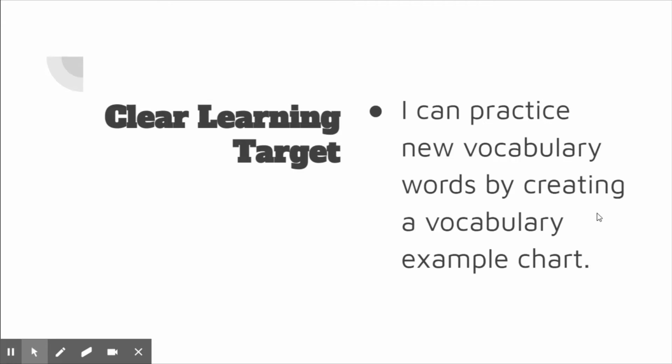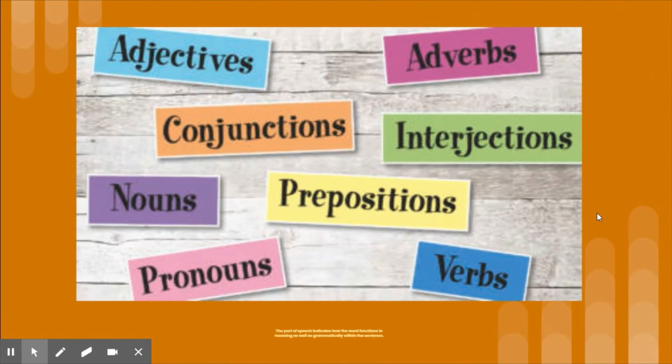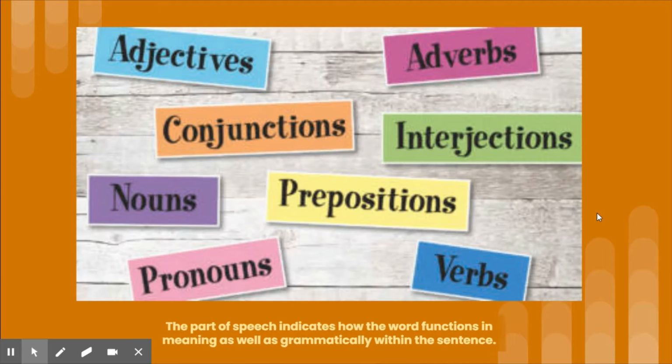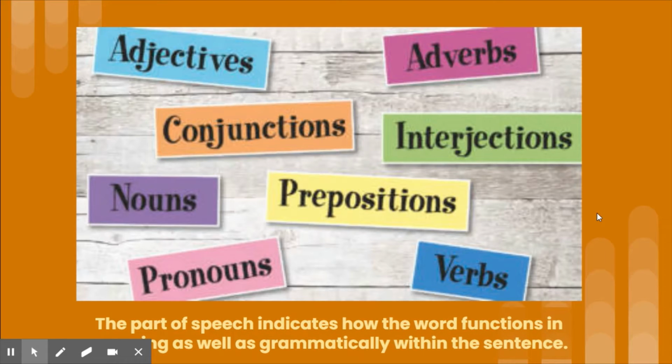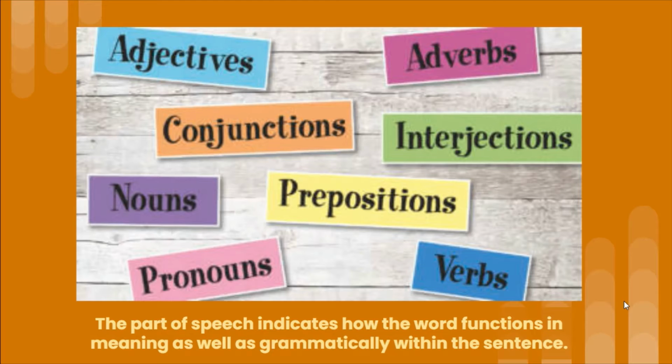Cluster 1. Okay, so as we start with the words, you realize that the discovery activity that I had at the beginning had to do with parts of speech, right? So here are the 8 parts of speech. I was only asking you to sort out 3 types of them.